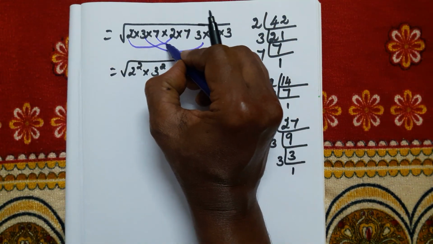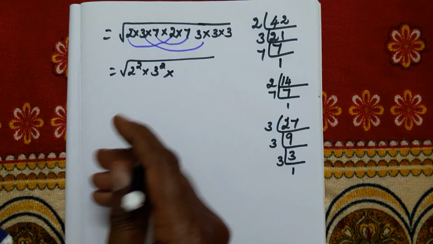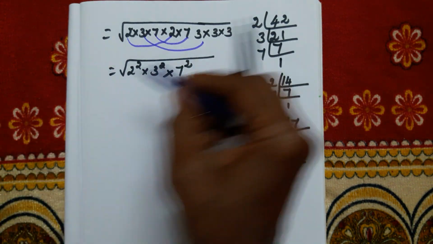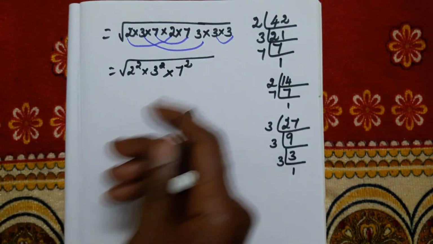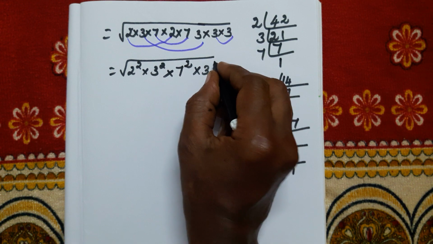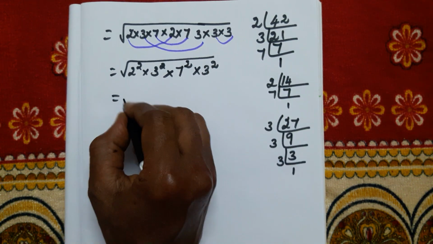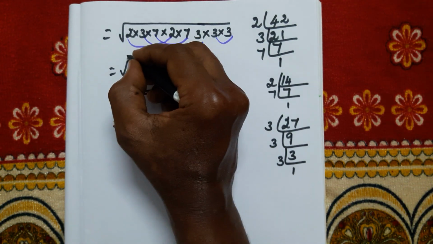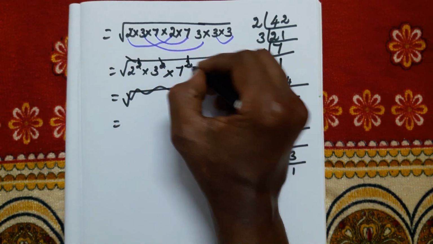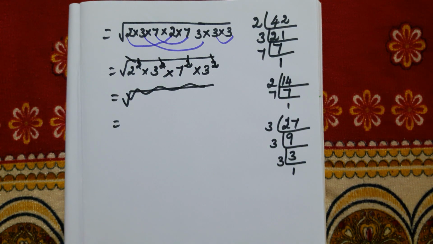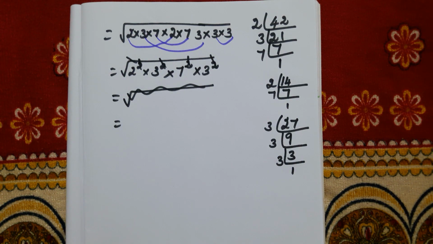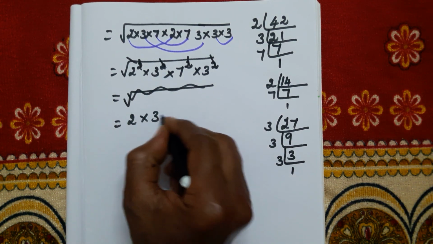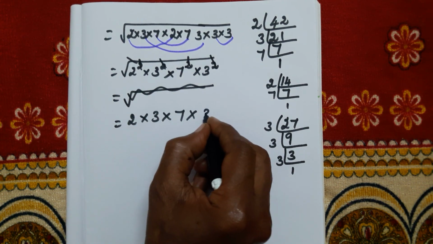Here the square root and the square will cancel, as everything has a pair. So we write 2 into 3 into 7 into 3.